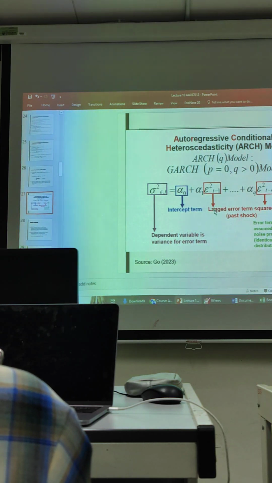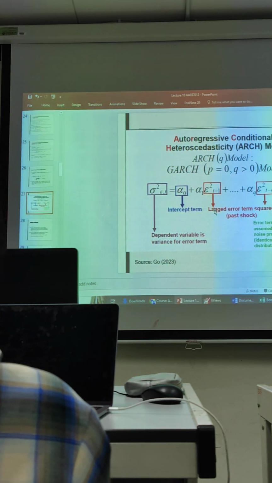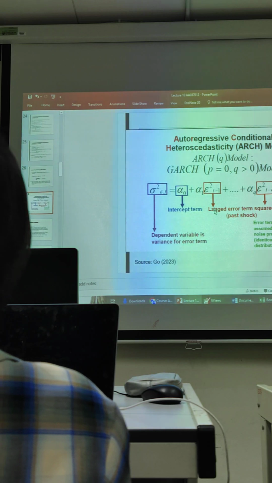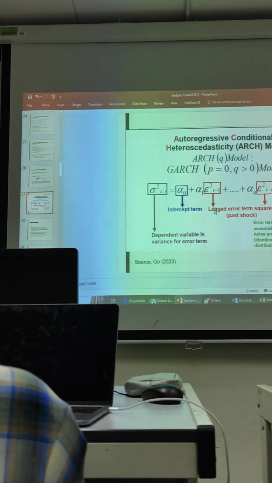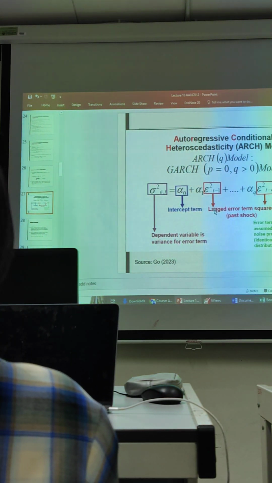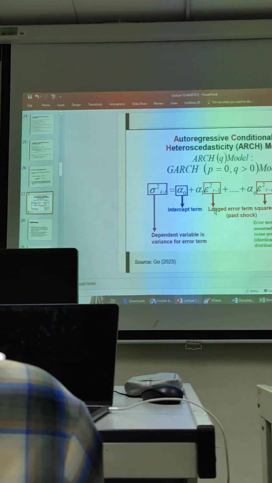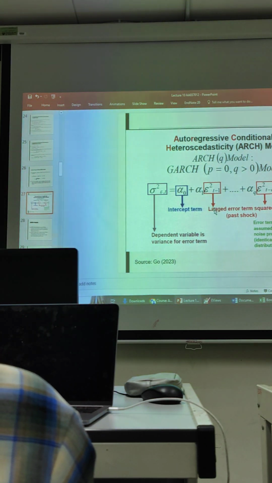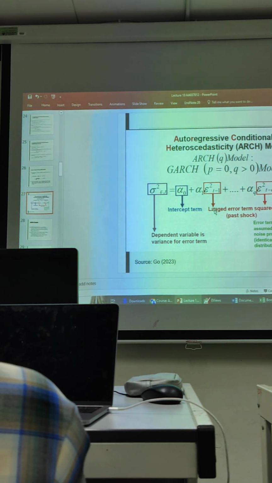We can write it as residual t, power of 2, t minus 1. If you want to make it consistent, you can use u also. Just follow this symbol, absolute, power of 2, t minus 1. So this refers to the variance for your residual. So if the question asks you to write down the variance equation, this is the way for us to present the variance equation, and this is the way to present the mean equation. Okay?